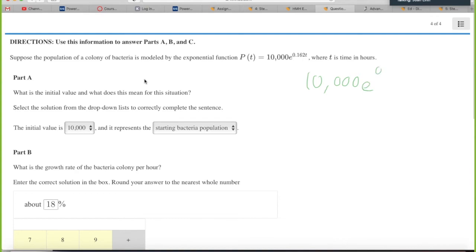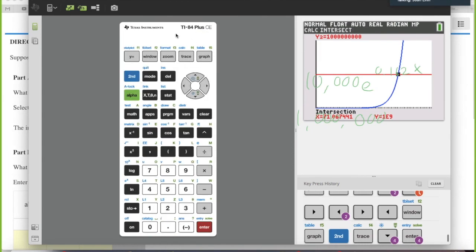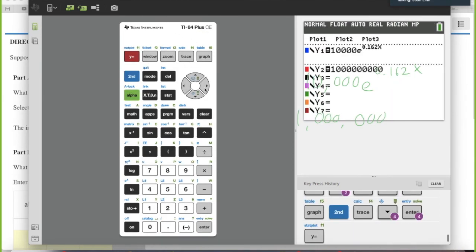E to the 0.162 x, and then 1 million, so 100,000. Oh, I think I had too many zeros. Come on, people. Why didn't you tell me that? I wrote 1 million wrong, which means I probably entered 1 million wrong in the calculator. So 1 million should only have 6 zeros after it, as opposed to 9.